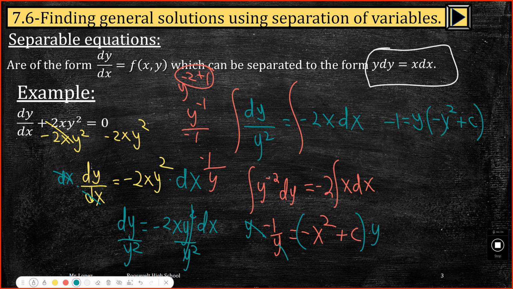And now how do I get the y by itself? Divide both sides by what? It's a negative divided by.